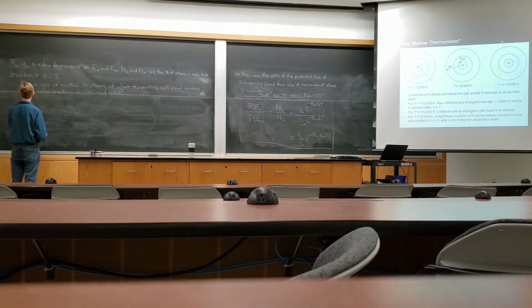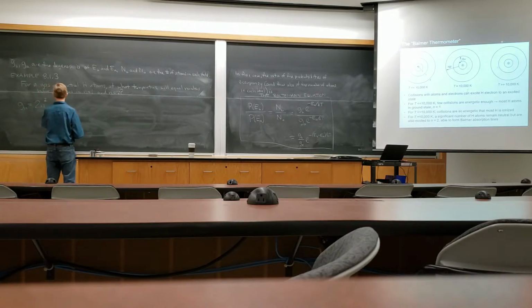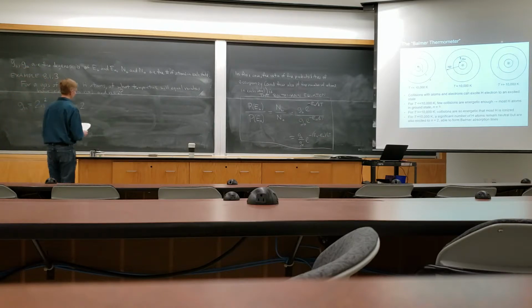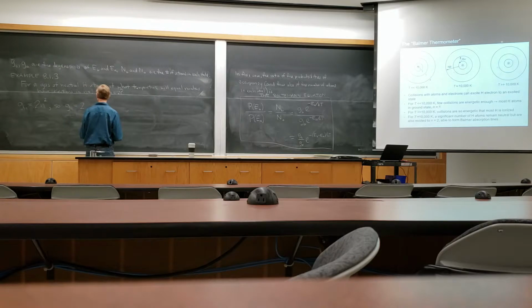So remember, we had mentioned this the other day. G sub n is 2n squared. So G sub 1 is 2 because in the ground state, you can only have spin up and spin down, that's it. L has to be 0, m sub L has to be 0. And G2 is 8.